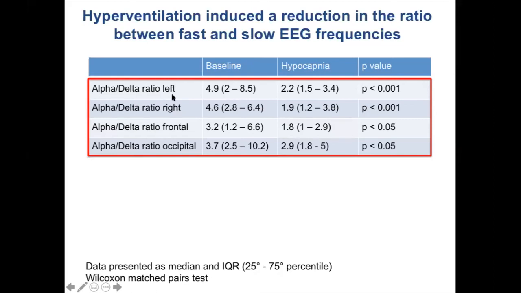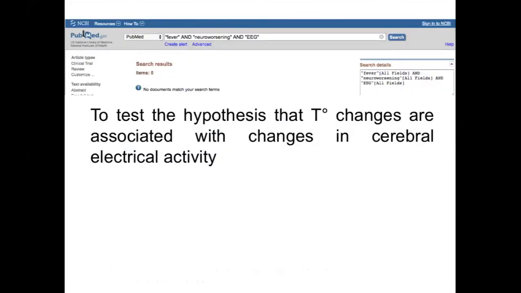So left, right, anteriorly, posteriorly. So AD ratio using the Moberg is a very sensitive tool to detect CBF reduction.